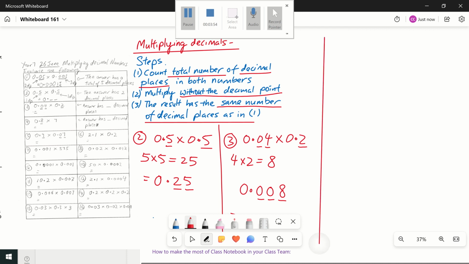Let's pick question 10. Question 10, we've got 50 multiplied to 0.002. Oh, there's an extra 0, sorry.